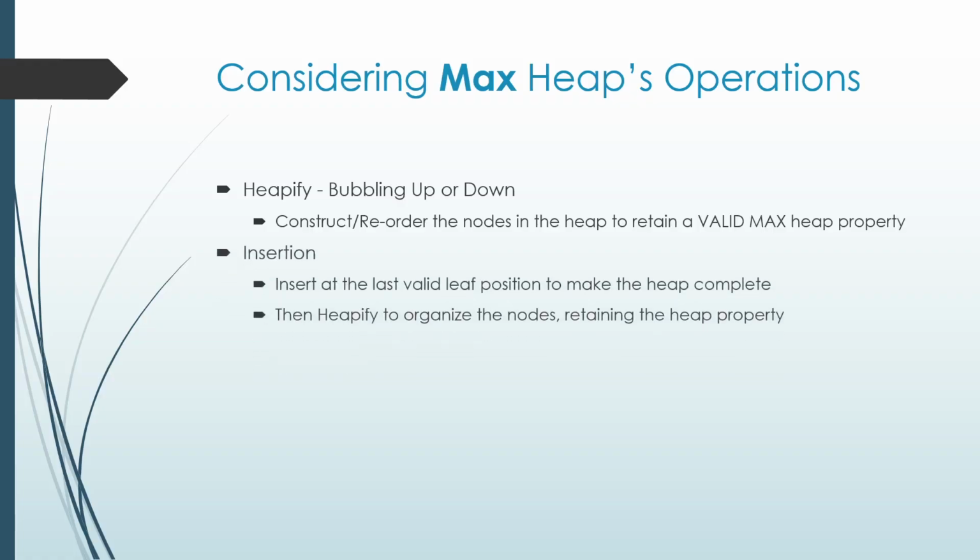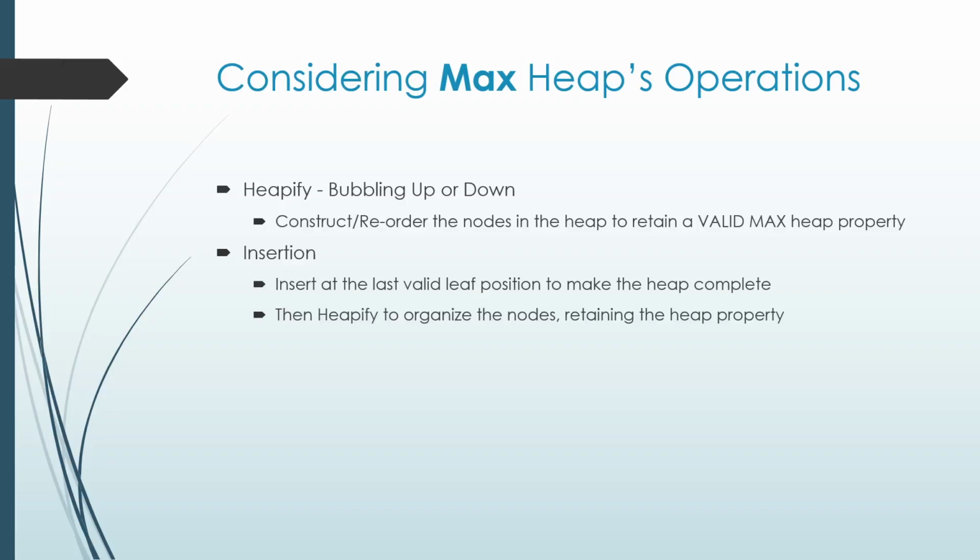Let's jump into the next operation, insertion. When it comes to insertion, you need to insert at the last valid leaf position to keep the heap complete. Remember, the heap is a complete binary tree. You can't have a missing node. You need to finish level by level, from left to right. You can't insert at a random position.